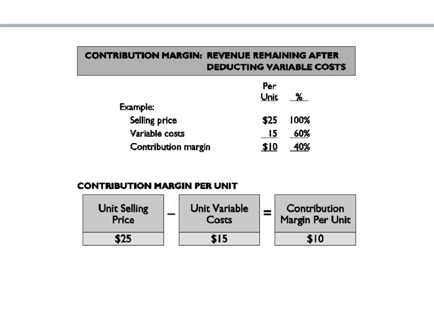So for example here, I have a selling price of 25 and I have variable cost of 15, contribution margin of 10. Therefore, my contribution margin per unit is that. My contribution margin ratio, if I put sales at 100%, my variable costs are 60, my contribution margin ratio is 40.